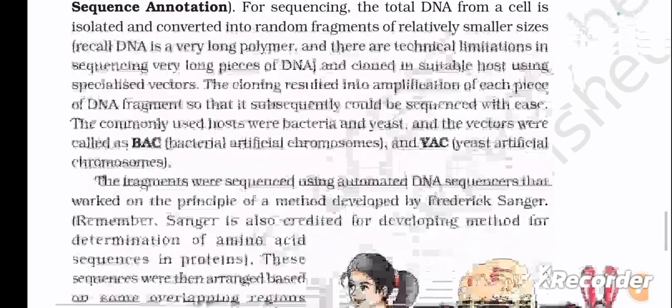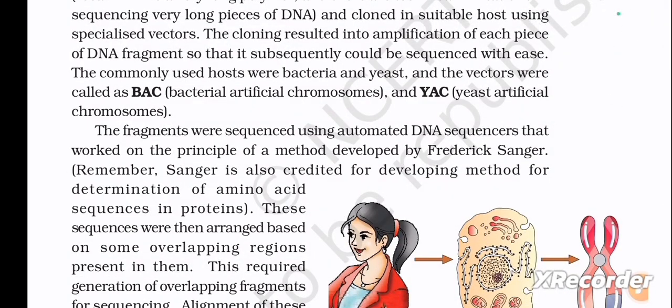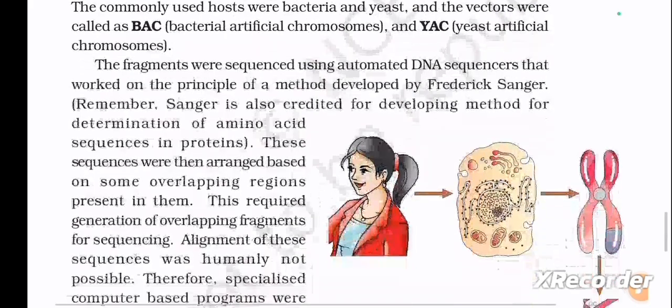The commonly used hosts were bacteria and yeast, and the vectors were called BAC, bacterial artificial chromosomes, and YAC, yeast artificial chromosomes. The fragments were sequenced using automated DNA sequencers that worked on the principle of a method developed by Frederick Sanger. Remember, Sanger is also credited for developing the method of determination of amino acid sequences in proteins.